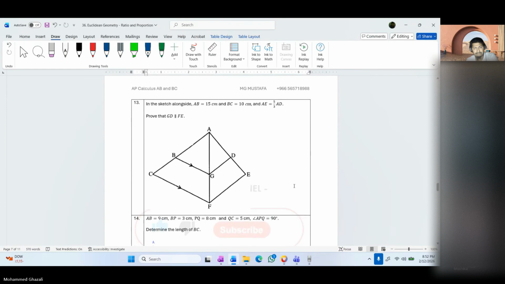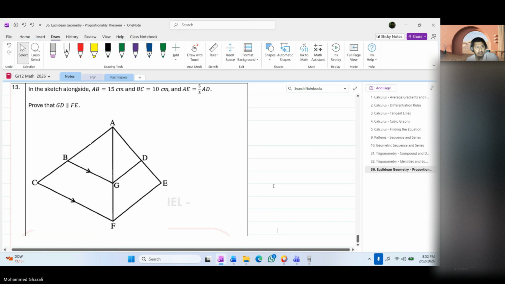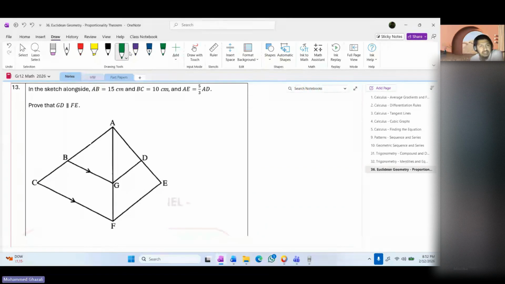In the sketch alongside, AB is equal to 15, BC is 10. These are actual lengths, 15 and 10 centimeters.